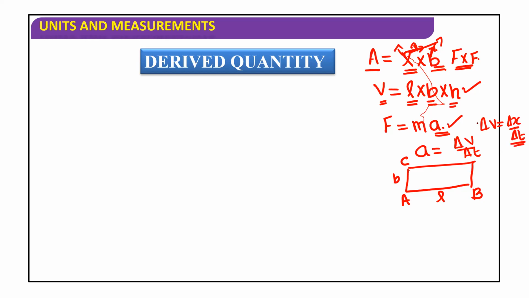So delta v itself is a dependent quantity, a derived quantity. This derived quantity divided by another fundamental quantity is also a derived quantity. Then the mass is a fundamental quantity. So a fundamental quantity multiplied by a derived quantity also yields another derived quantity.